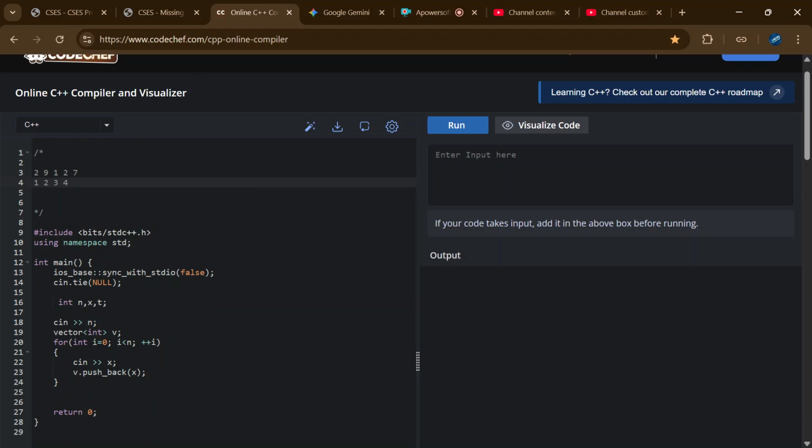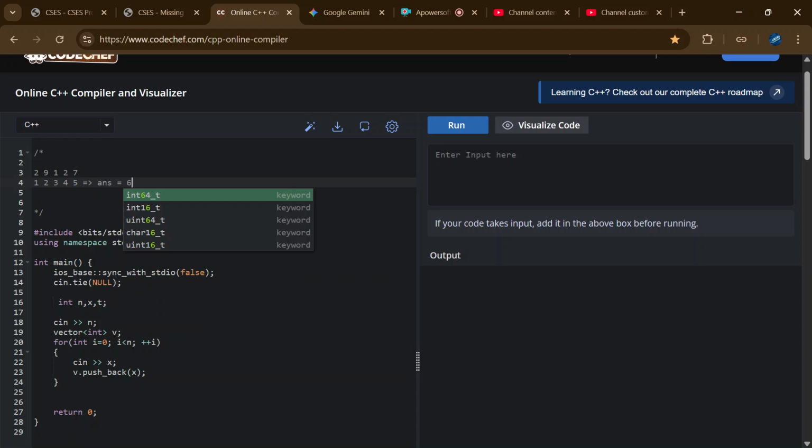Can we make 5? 2 plus 2 plus 1, 5, yeah. Can we make 6? 2 plus 2 and no. So we cannot make 6. So the answer would be 6, the smallest number which we cannot make.